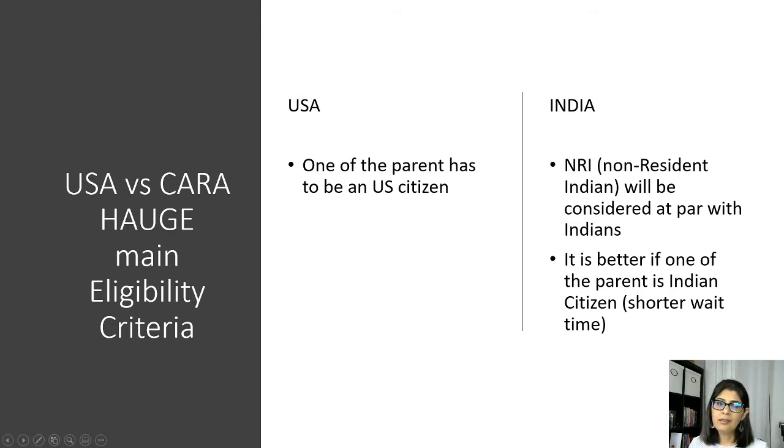But under Hague eligibility criteria, the main thing is NRIs are considered at par with Indians, which is definitely a good thing. And also it would be better if one of you is an Indian citizen. So keep that in mind. For the US, one of you has to be a US citizen to start the process. And for India, it would be better if one of you is an Indian citizen.